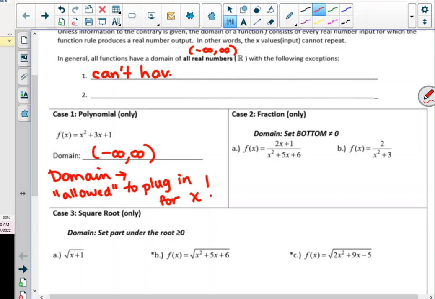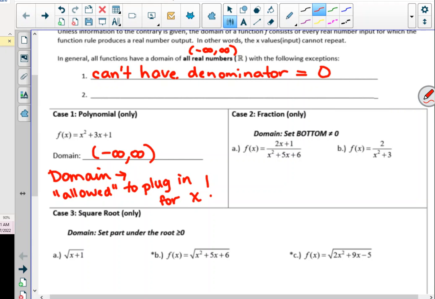One of the things we can't have is if we have a denominator in our function, i.e. a rational function, we can't have the denominator of that rational function equaling 0. That's a bad thing for the domain. That's a number that won't work. Those are numbers we kick out of the domain.